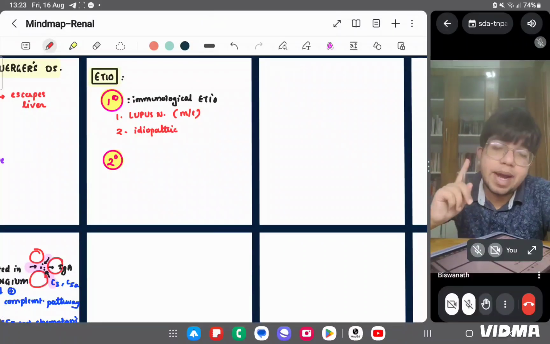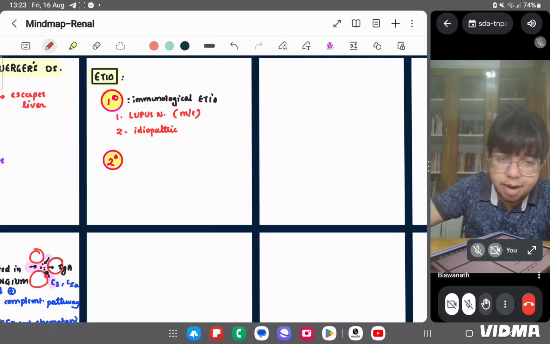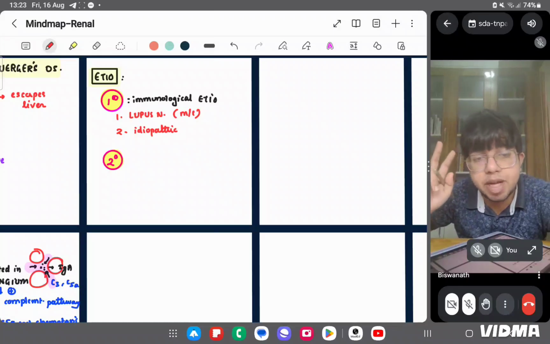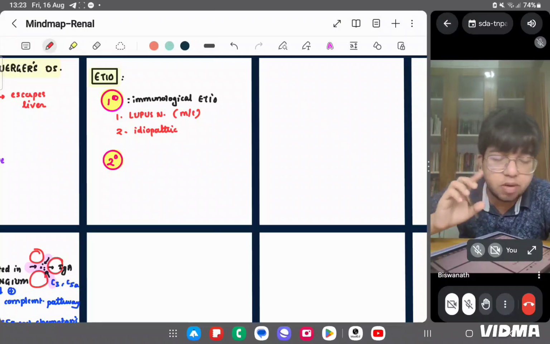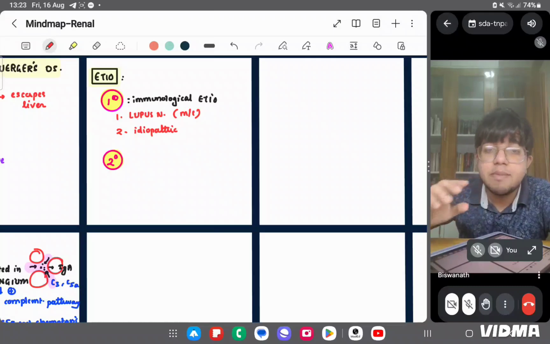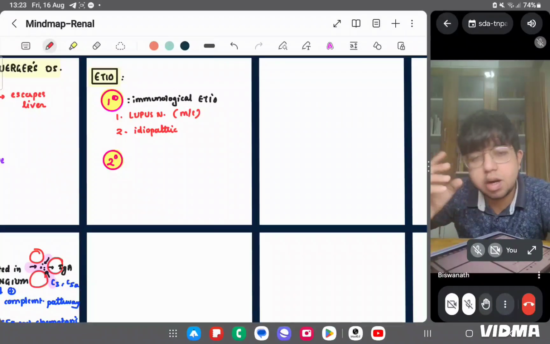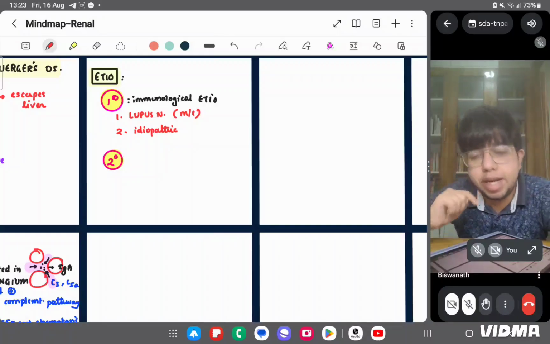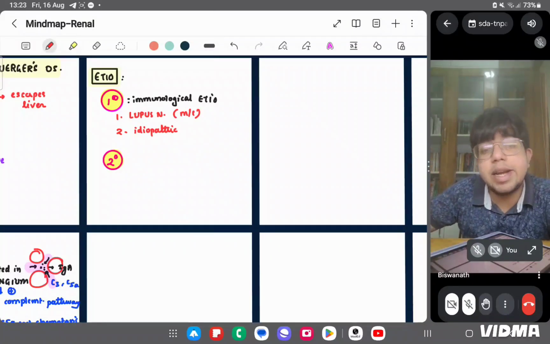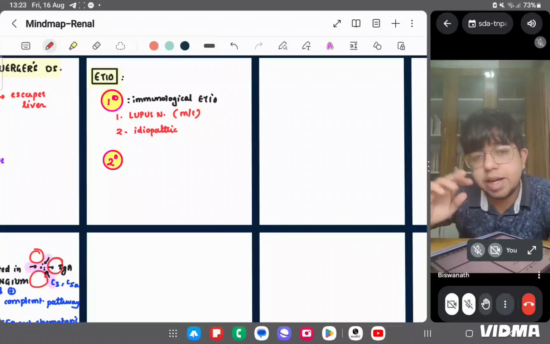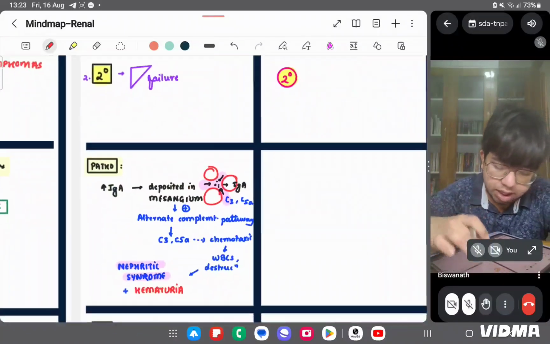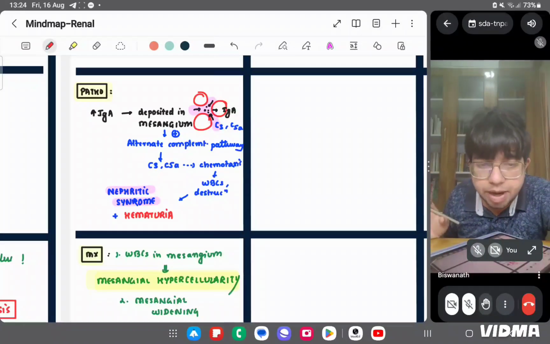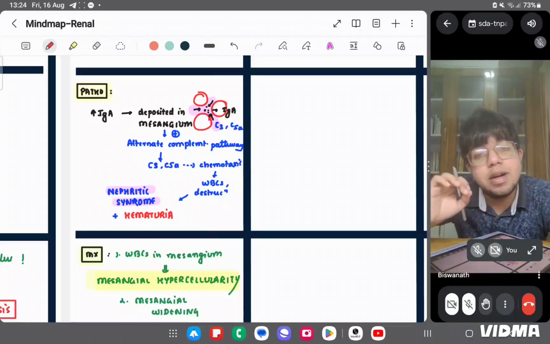Another thing is that in primary etiology there is an activation of the classical pathway as well as the alternate pathway, and there is capillary damage associated with this disorder. If the classical pathway is activated, there is capillary damage, but if the alternate pathway is affected, there is mesangial damage. We saw in IgA nephropathy, wherever there was activation of the alternate pathway, there was mesangial damage.